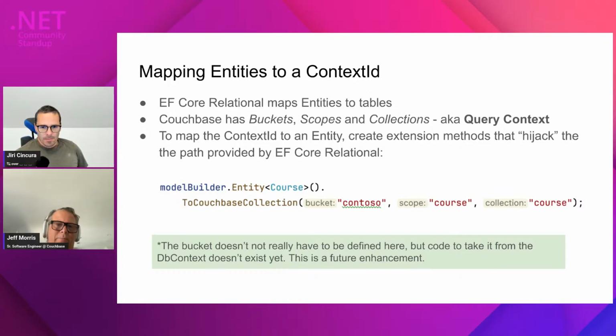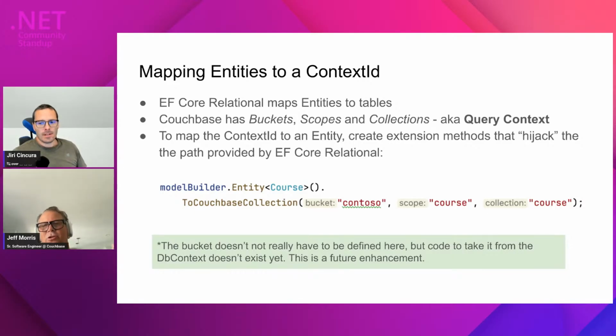And so when we map them, you map it similar to how you would map to a database table. It's just slightly different. And this syntax right here is slightly more verbose than the current implementation. So if you went to NuGet and downloaded the Couchbase EF Core framework, it's a slightly different change in that you don't map the bucket at the entity level.